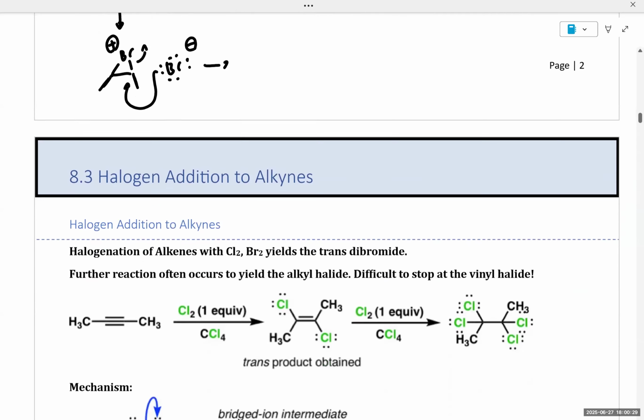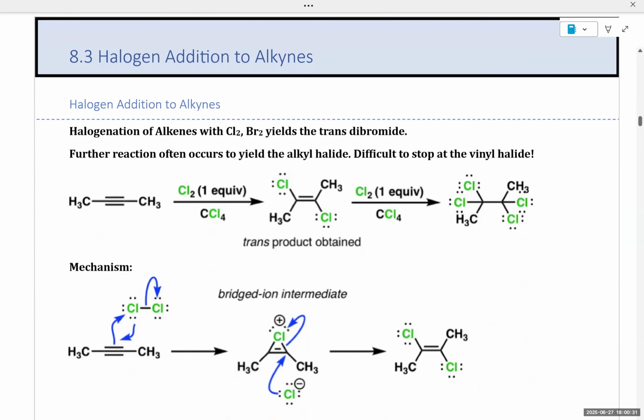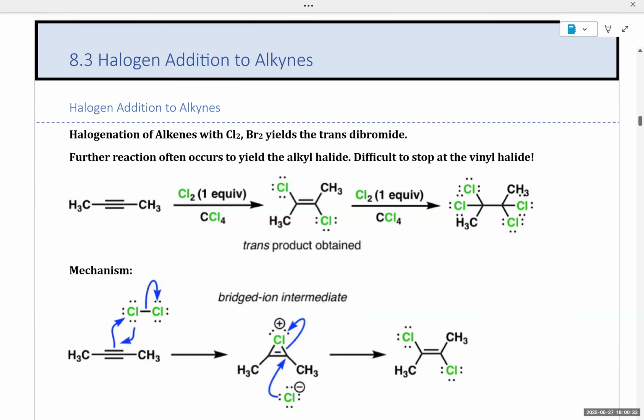Okay, let's keep going now, and let's talk a little bit about halogen addition to alkynes. When you treat both an alkene or an alkyne with a halogen, you will get the trans dihalide.